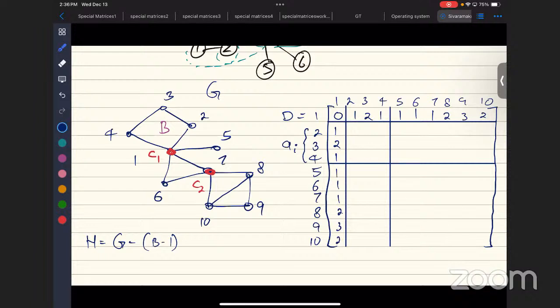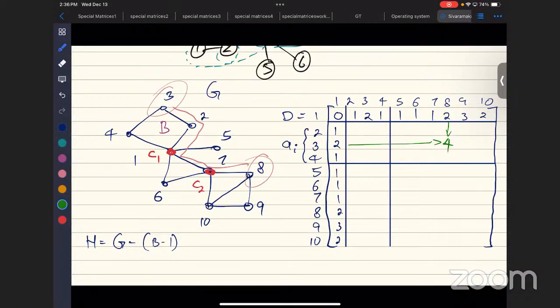So now we want to know what is the distance, for example, from, let's say, vertex 3 to vertex 8. So here if you see, you can go 1, 2, 3, 4. Or else 1, 2, 3, 4, same thing. So this is 4, wait, 3 to 8. So this is 4, which you can see is 2 plus 2.